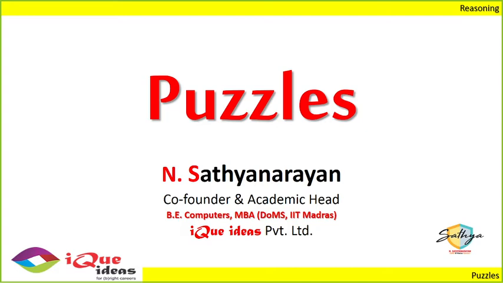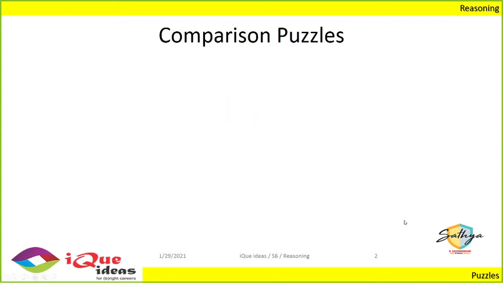So there are different types of puzzles which are asked in entrance examinations. And today we are going to take a look at the different types of puzzles which can be asked in the exams, right? So the very first type of puzzle is something which I call the comparison puzzle. Now what exactly is meant by a comparison puzzle?